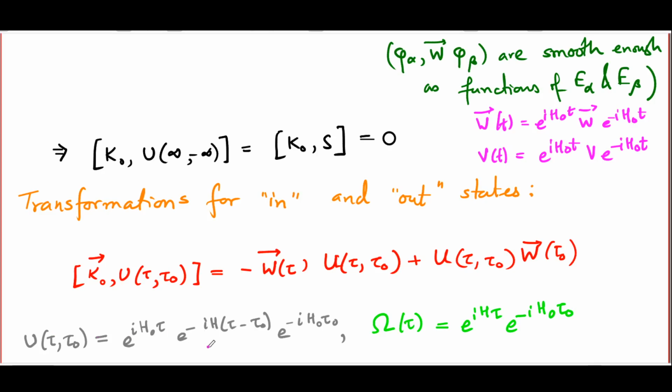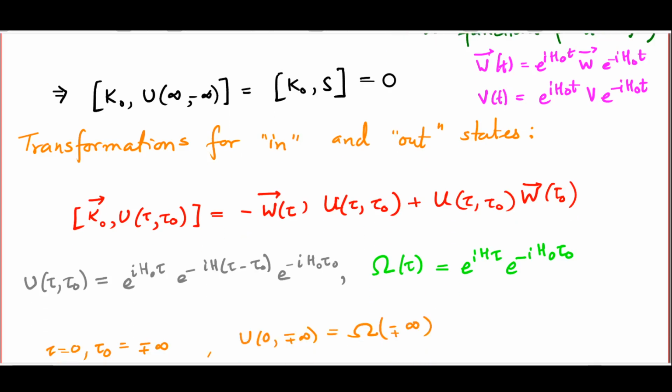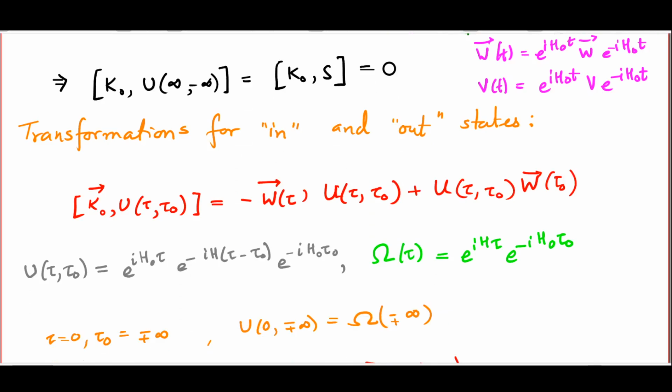It is easy to see that if you put tau equal to 0 in U(tau, tau 0), it reduces to omega(tau 0). So if we put tau equal to 0 and at the same time take tau 0 to the limits minus and plus infinity, U(0, minus plus infinity) actually becomes omega at minus plus infinity.